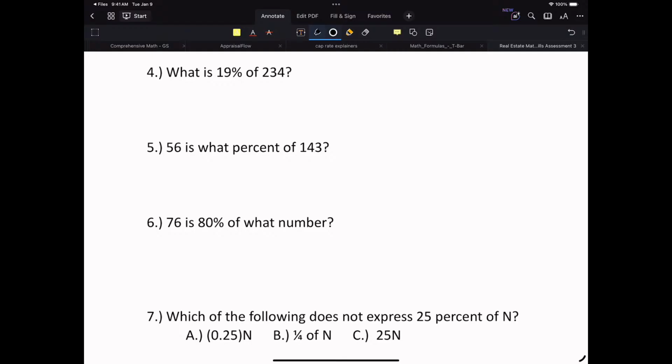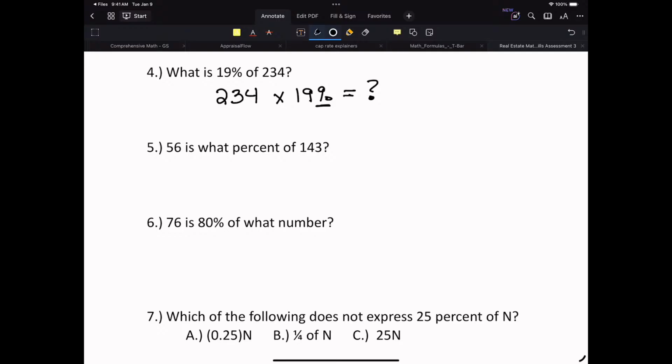All right, what is 19% of 234? What I would do to solve this is I would say 234 times 19% equals the answer. Now, some of you all might wonder why I put the percentage sign second. That's because most calculators, if you want that percentage sign, you got to do it last.